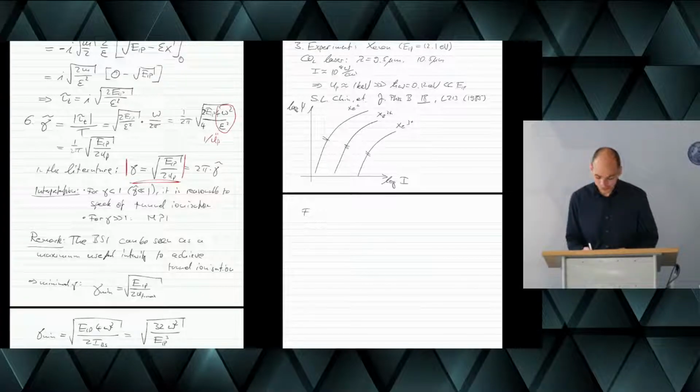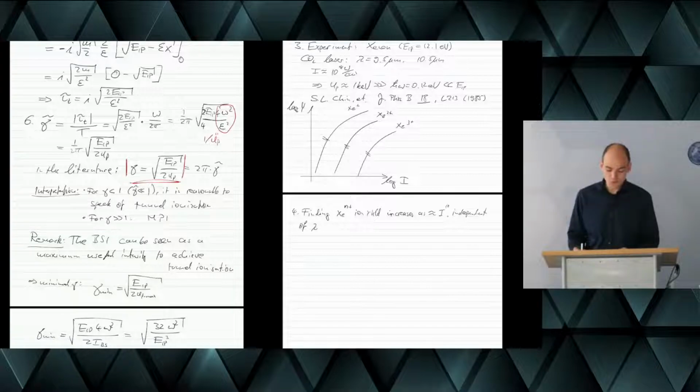So the finding, point 4: the xenon n plus ion yield increases as approximately intensity to the 10th power. And that is independent, for one thing, of the wavelength.